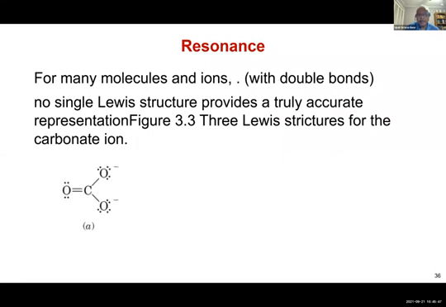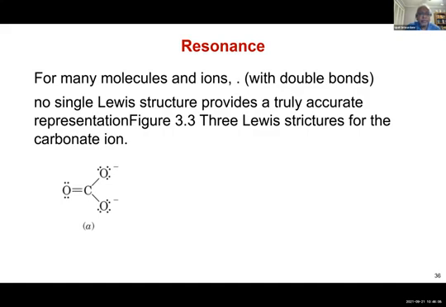Let me explain. Carbonate ion, when you write down the Lewis structure, has a total of 24 electrons. How do I get 24 electrons?